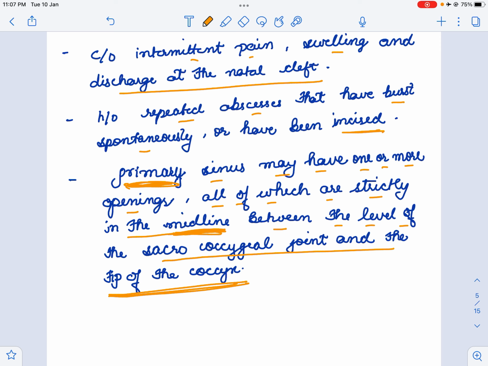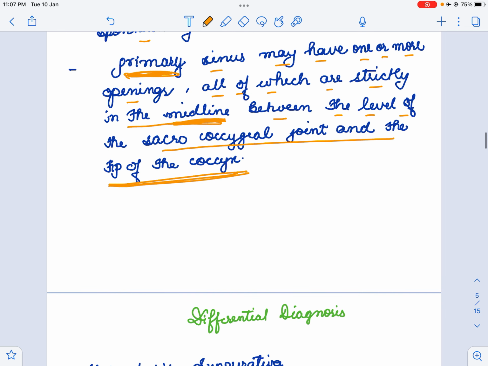So, when you look at the vertebral structure, this is the sacrum, and this is the coccyx. This is how it looks. It is always present in the skin which overlies this region, that is between the sacrococcygeal joint and the tip of the coccyx.